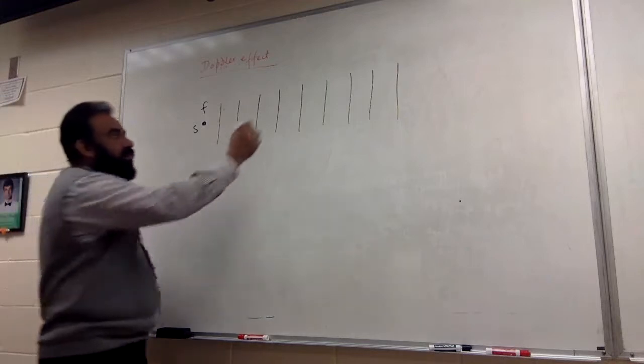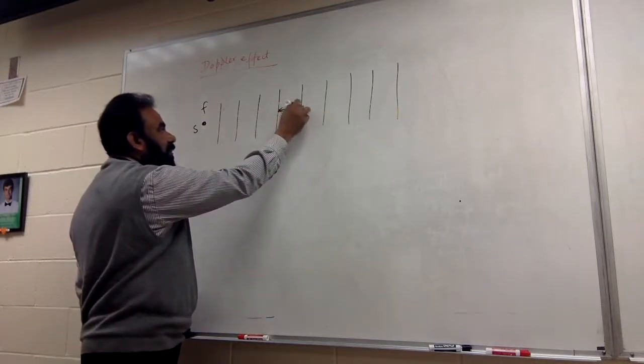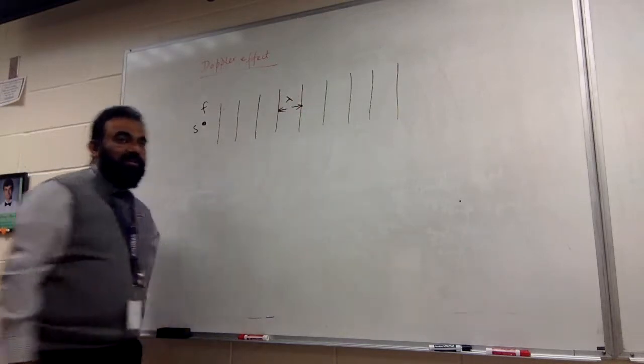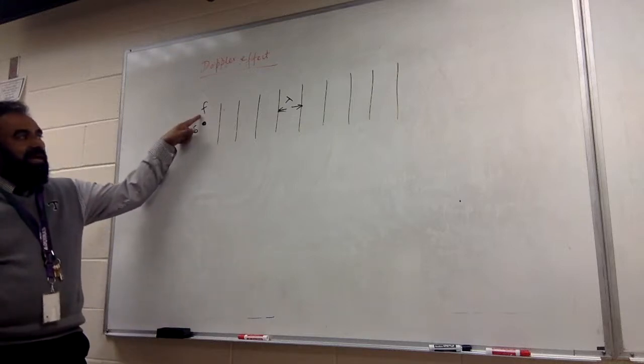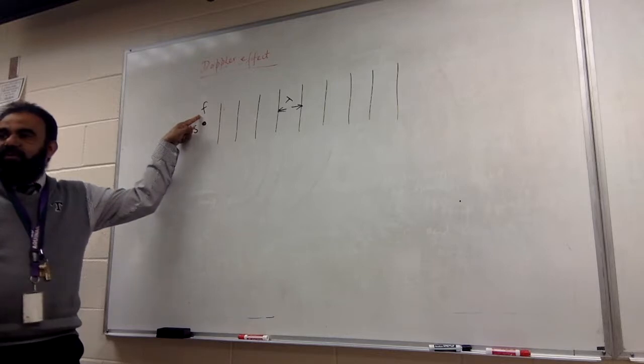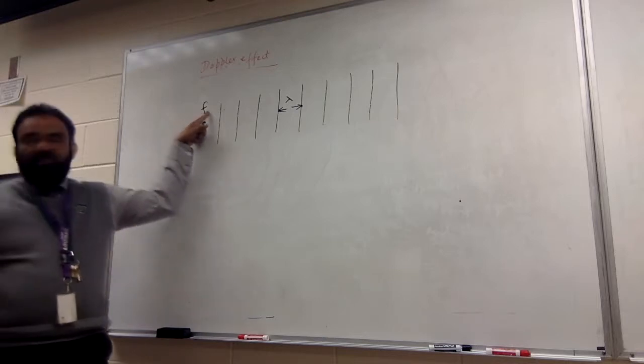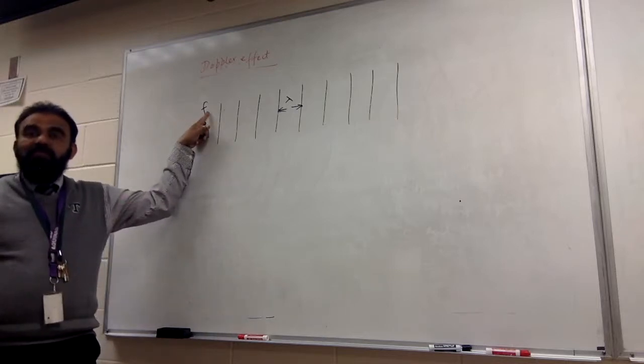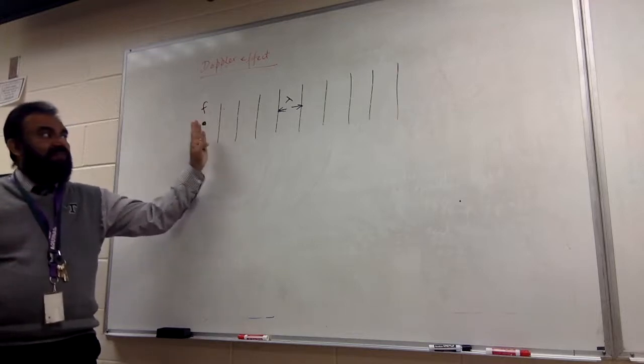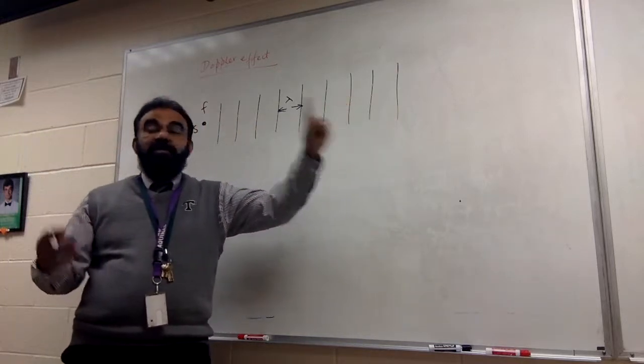What's the distance from one wave to the other? The wavelength, lambda. He's sending out f waves in 1 second. That's why it's called frequency, right? Frequency's definition is the number of waves sent out per second. So if this is 100 hertz, it means 100 waves are sent out per second. So when I say f is the frequency, there are f waves in 1 second.